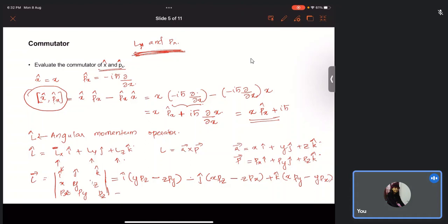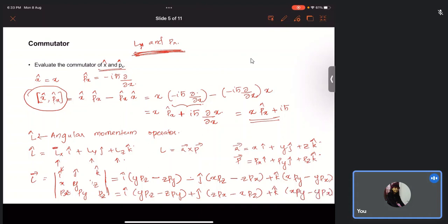Okay, now we have to make it as i cap, y pz minus z py. We'll take the minus inside, so it will become plus j cap, z px minus x pz, plus k cap, x py minus y px.